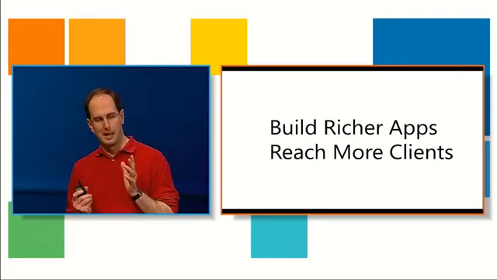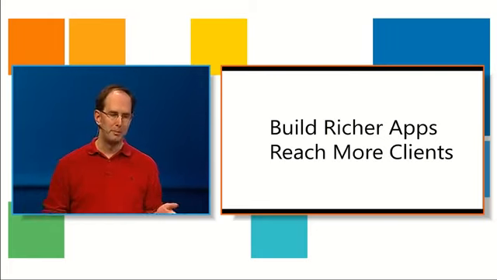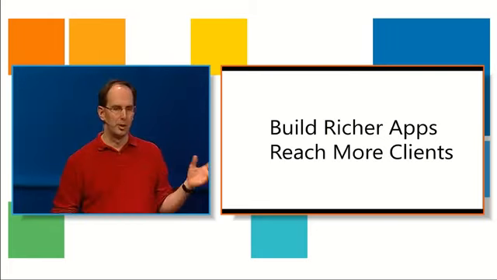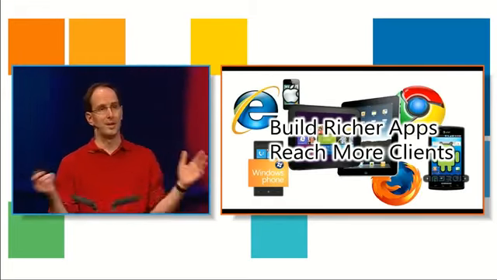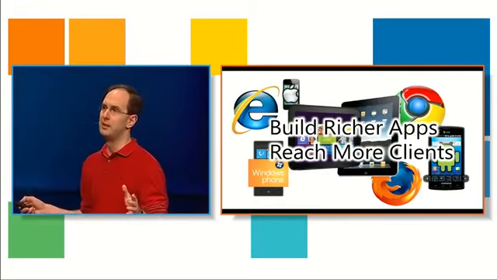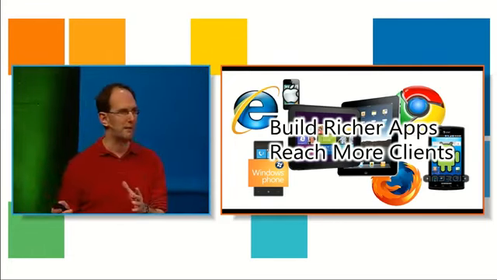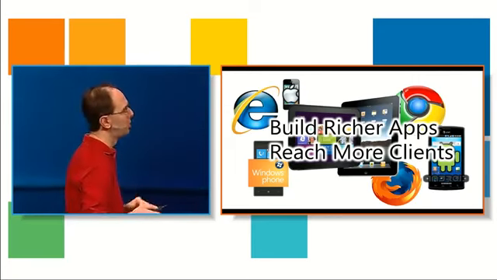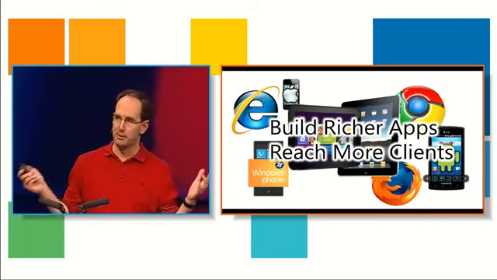Well, fundamentally, using web APIs and building web APIs of your own are going to enable you to build even richer apps and have even richer experiences for more clients. And by clients, I mean browsers, obviously. And so all your web APIs you can call from jQuery, you can call from JavaScript or any AJAX framework. You can call them from Silverlight, you can call them from Flash, you can call them from a Win32 app or WPF app.